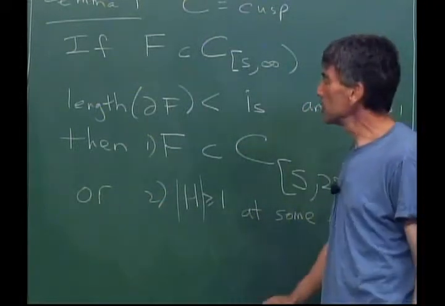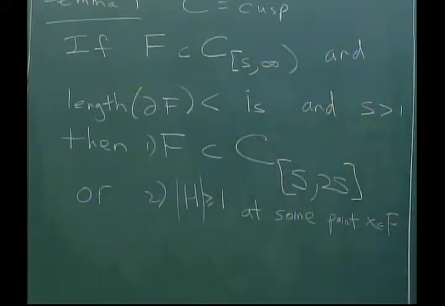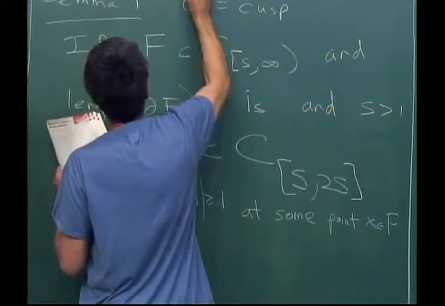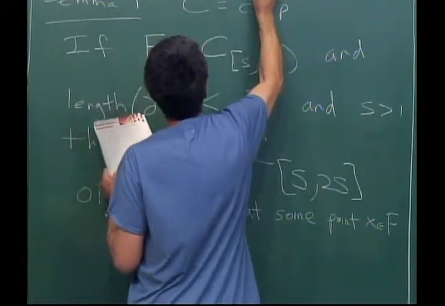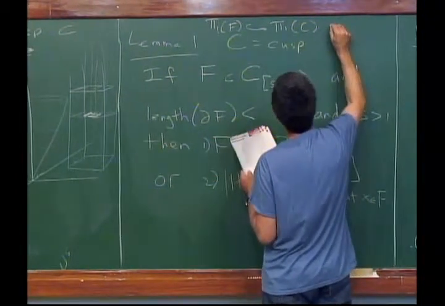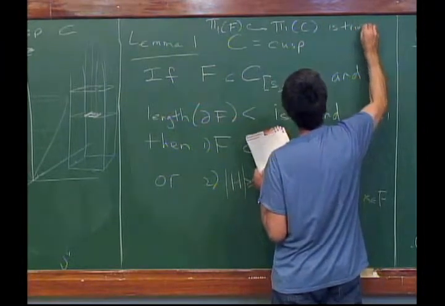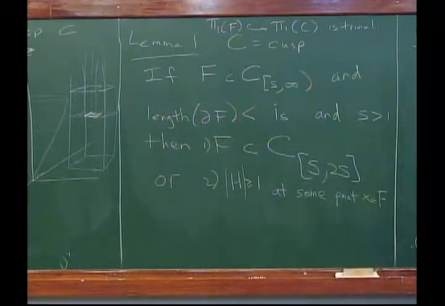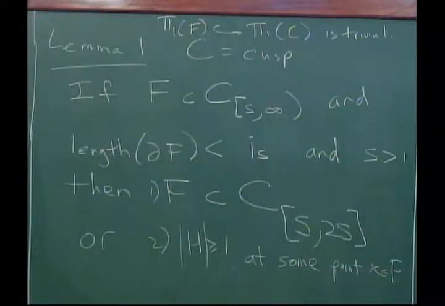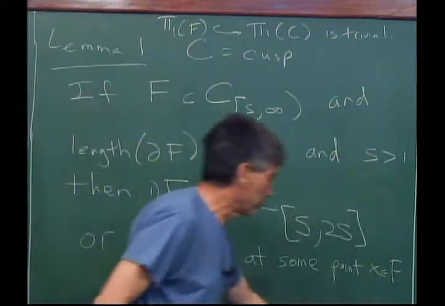I do have to make one more assumption, though. It's a technical assumption, which is that pi 1 of F dies in the cusp. The assumption I made is, in fact, that when you go to the universal cover, this surface lifts to the universal cover.